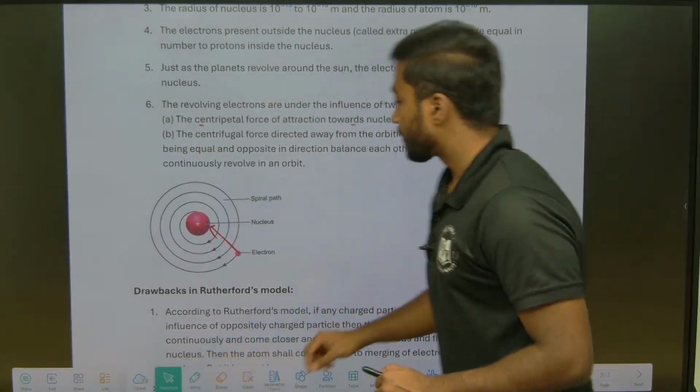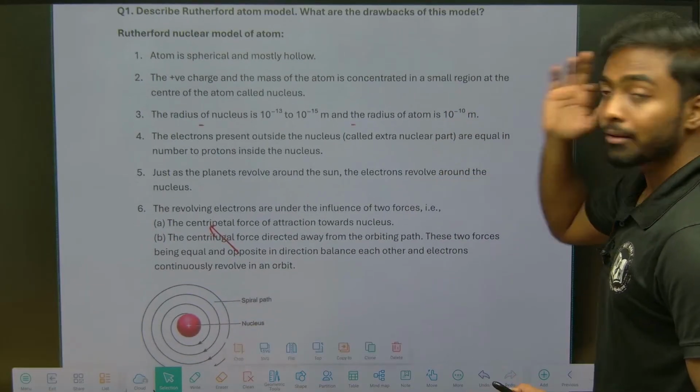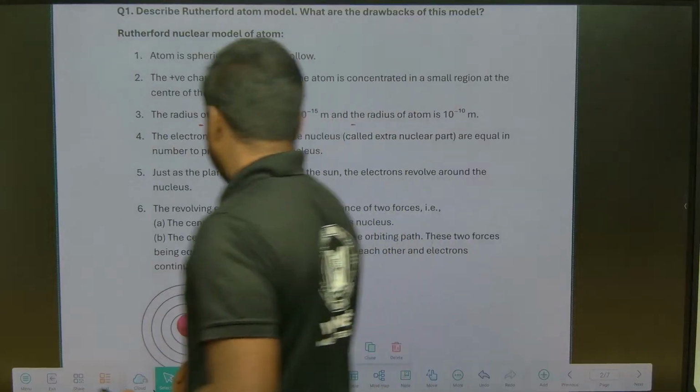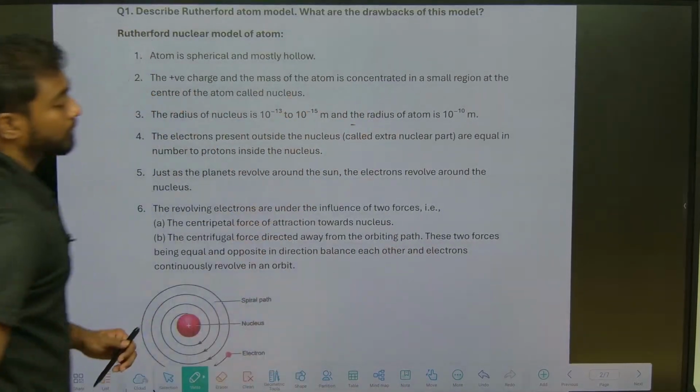Understood the 6 points? So after noting them down, we can go for the drawbacks. Got it?